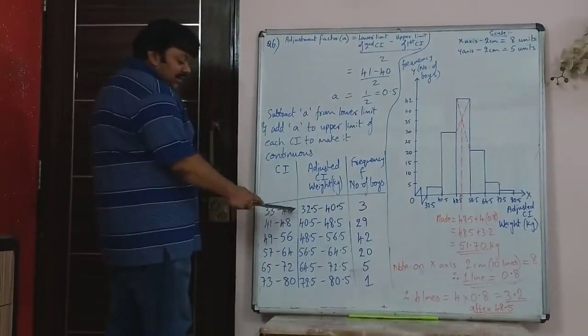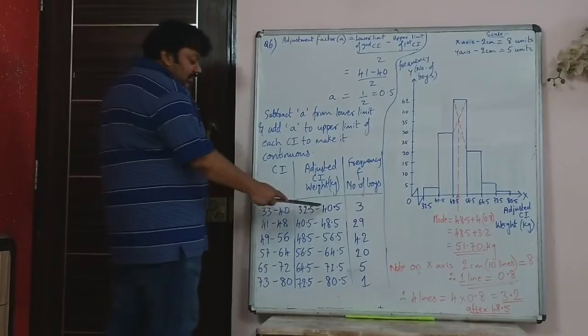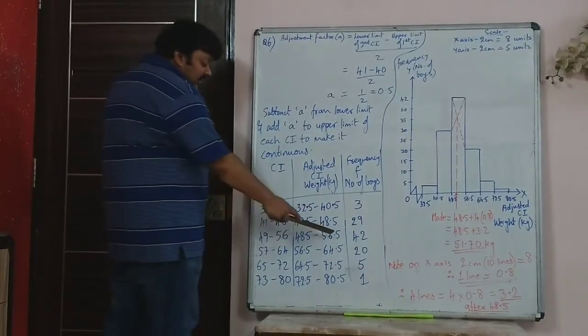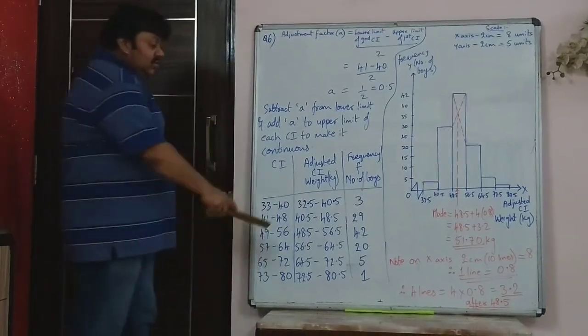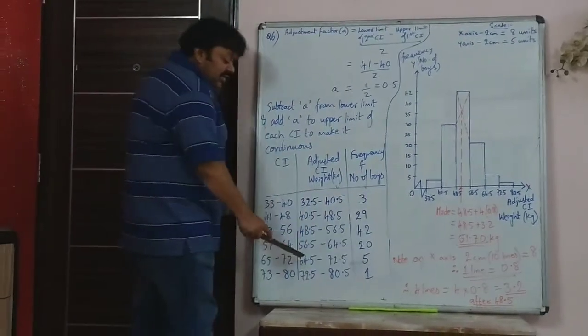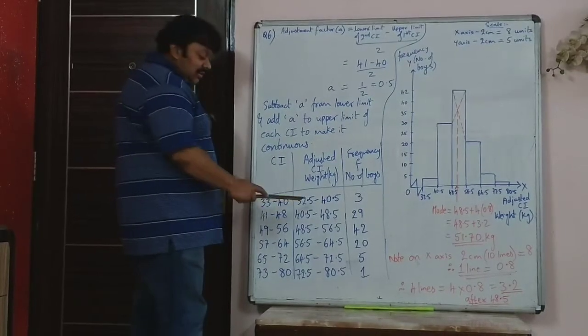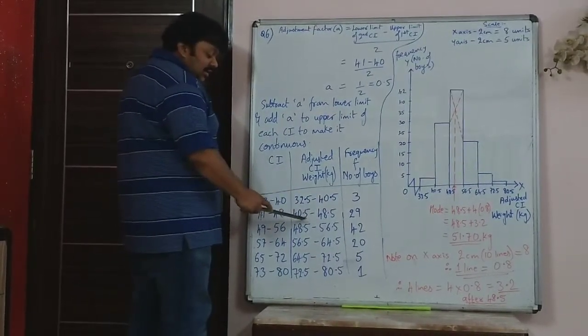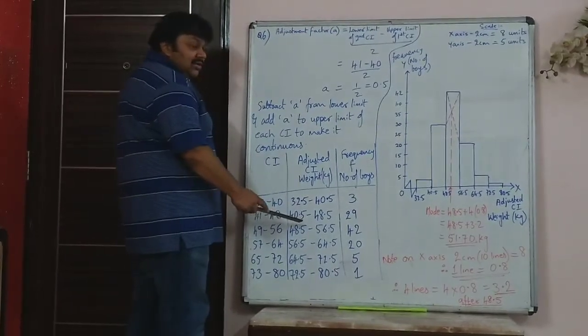And upper limit you are adding 0.5. So 40 plus 0.5, 40.5, 48.5, 56.5 and so on. So now this is the adjusted class. What do you mean by adjusted class? The upper limit of the first class and lower limit of second class is the same.